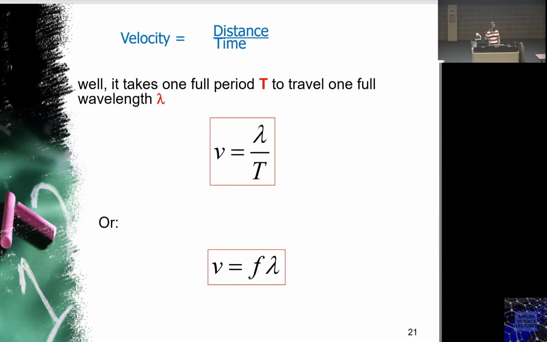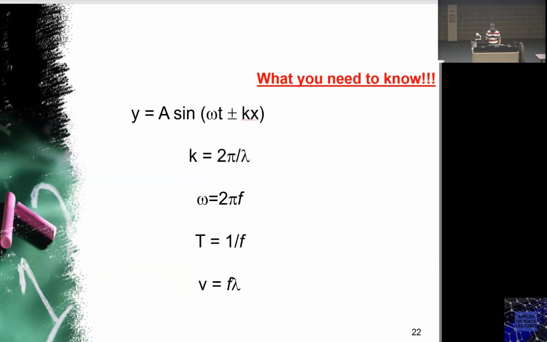So v, the wave velocity, is lambda divided by T. Now, if you substitute T with 1 over f, this is a second expression that you can calculate the wave velocity in terms of the frequency and the wavelength. So keep in mind, in order to describe a wave, you need to find those quantities: wave number, angular frequency, period, frequency, and also the wave velocity.